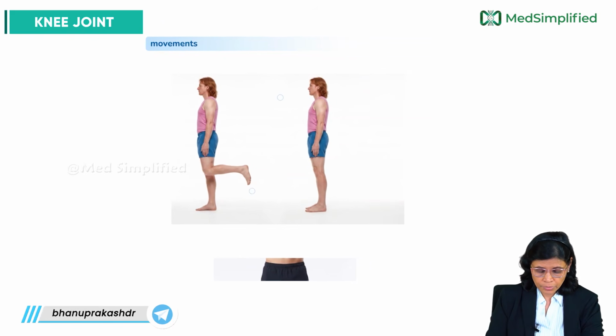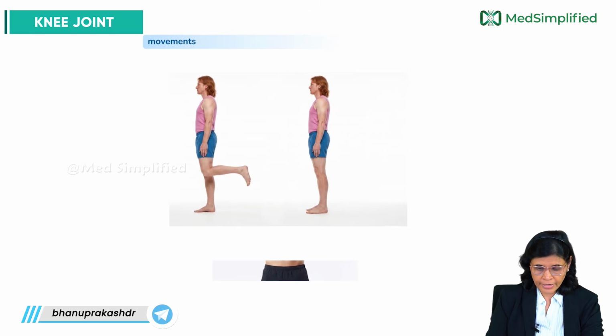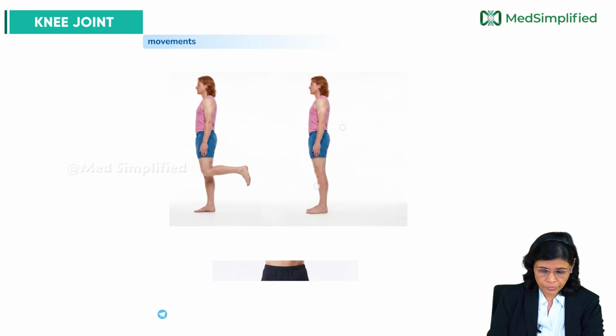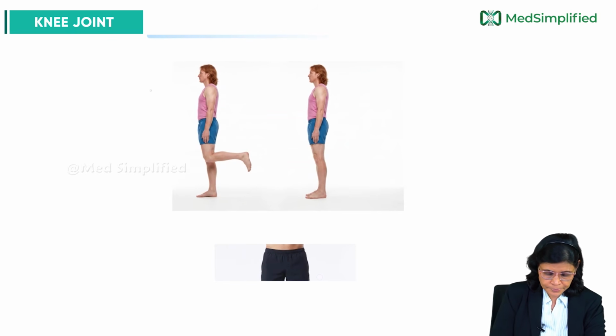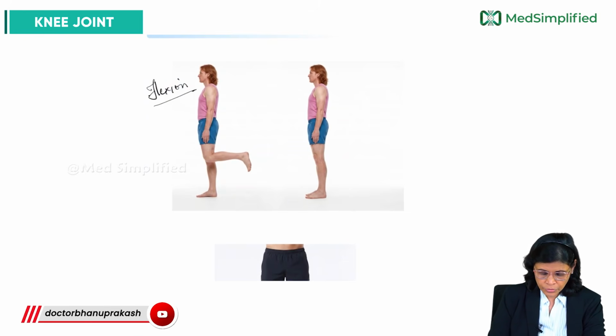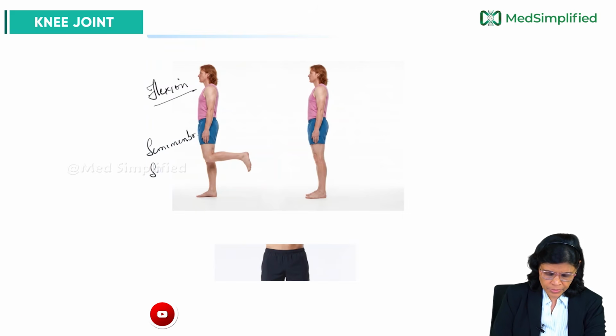So coming to the movements, we mainly have flexion and extension. That is the main, or active, movement. Flexion is mainly brought about by the hamstring muscles: semimembranosus, semitendinosus and biceps femoris.